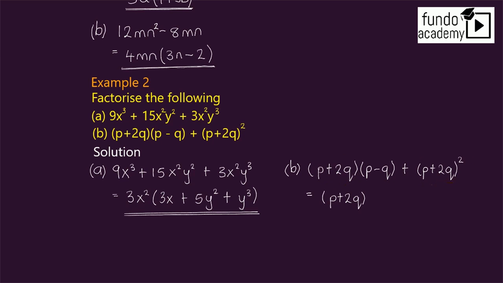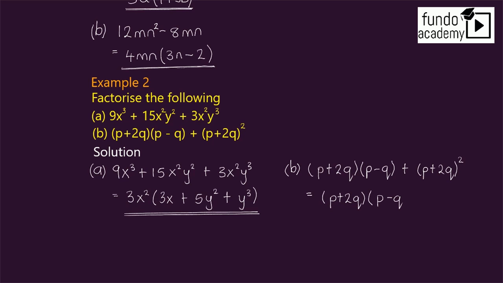Alright, next we divide p plus 2q into this part. So what we get is p minus q, because p plus 2q will cancel out, so that we are left with only p minus q. And we divide again p plus 2q into p plus 2q squared, and what do we get?